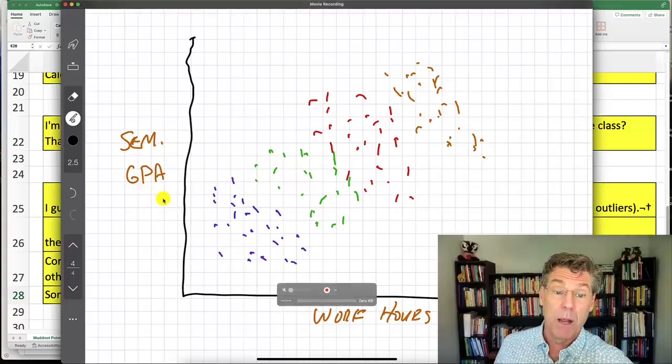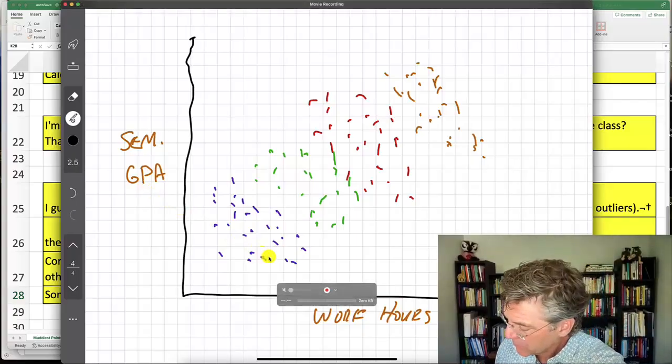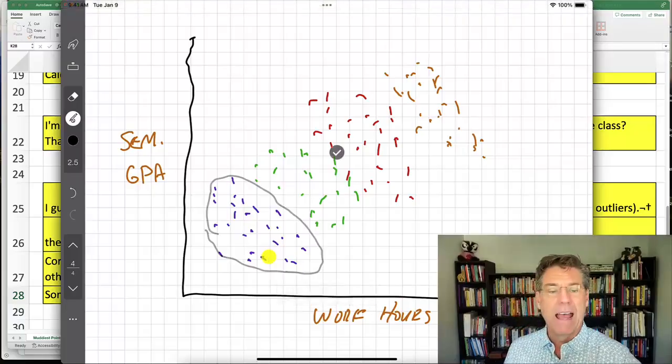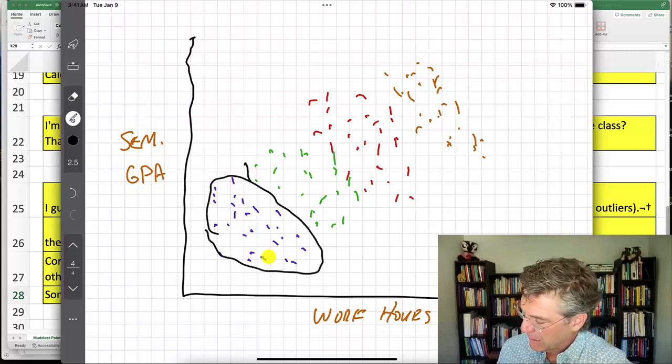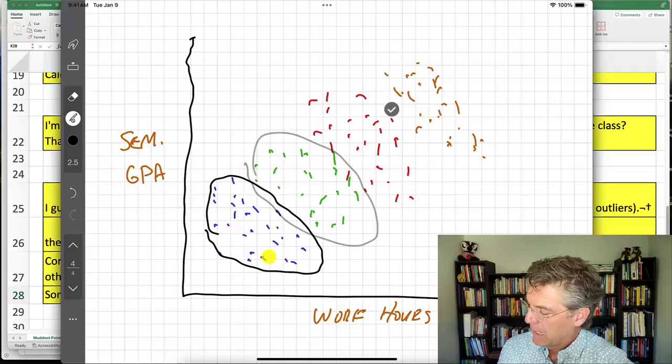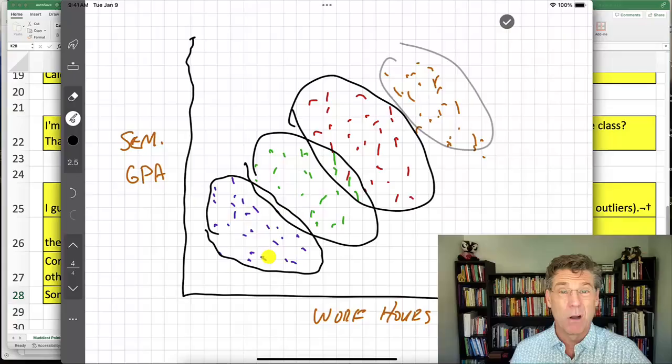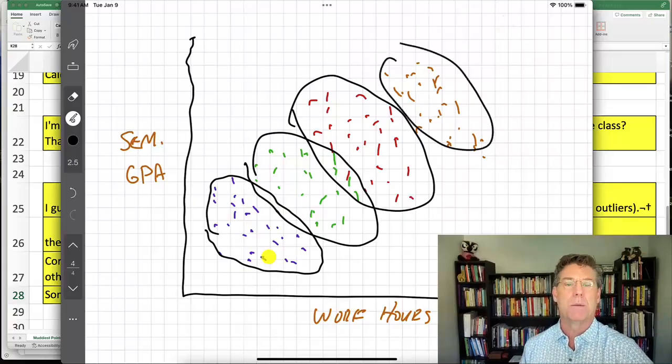However, the problem is if you look at each of these groups separately, this purple group, that scatter plot looks like a negative correlation, as does this one, this one, and that one. Those look like pretty strong negative correlations, which is the opposite.